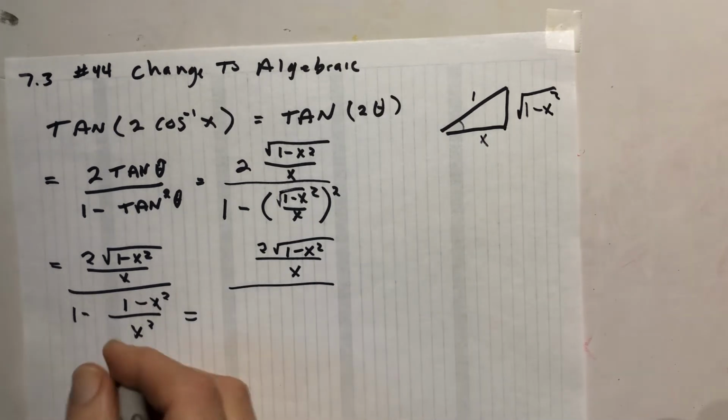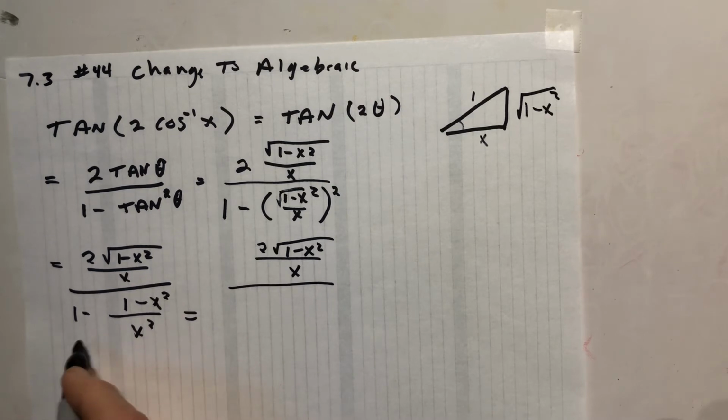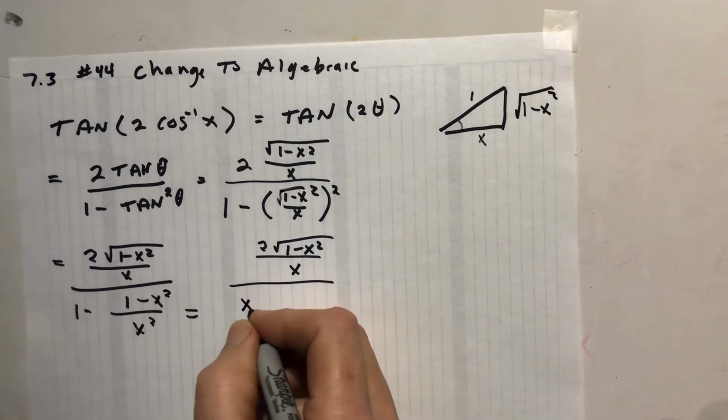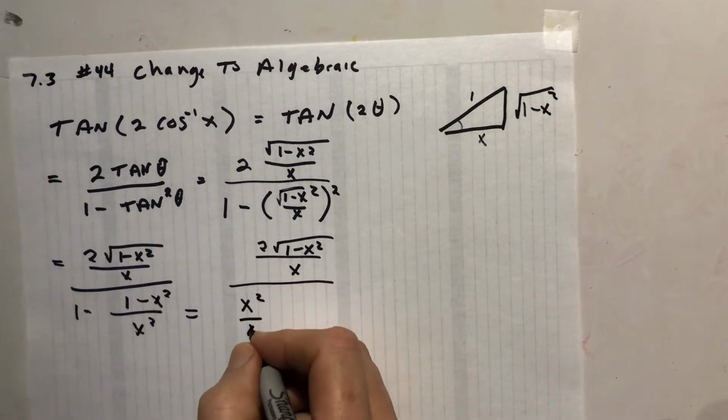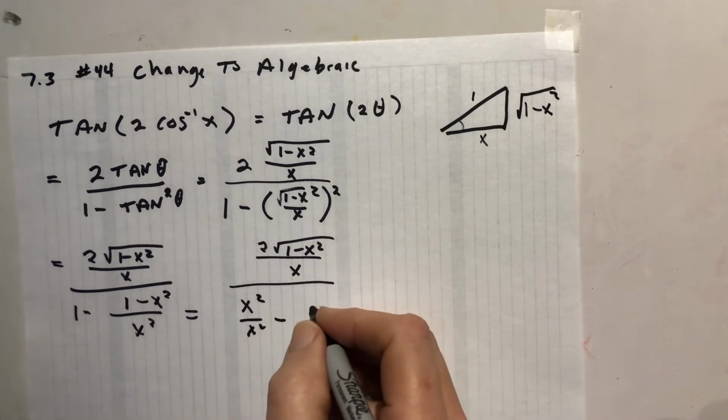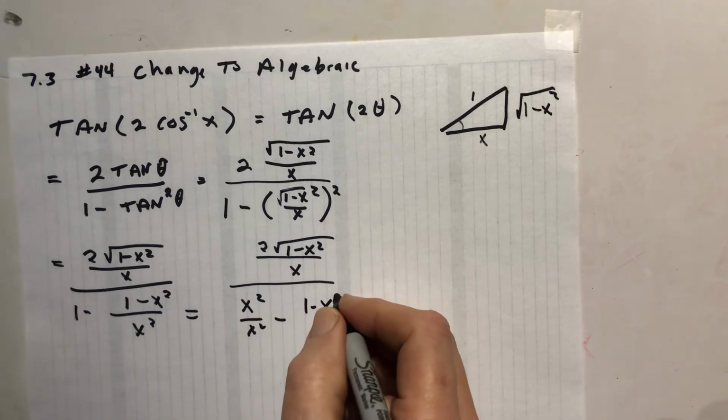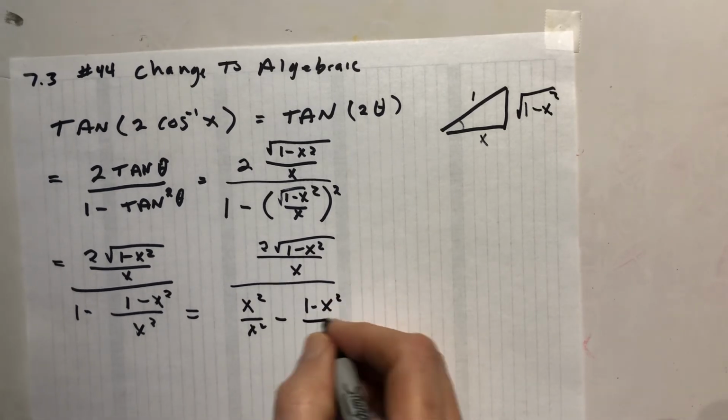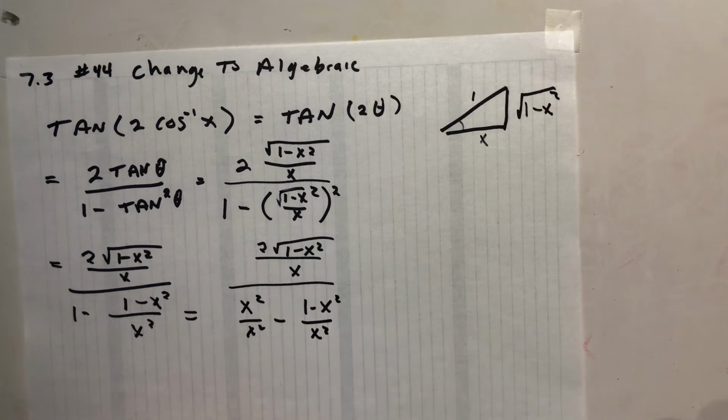And the bottom, we got to get a common denominator, which is x squared. So 1 would be x squared over x squared. Then we can put those 2 fractions together.